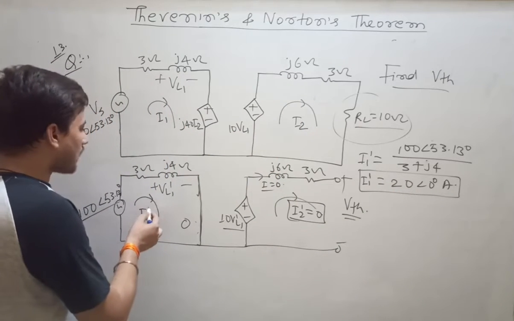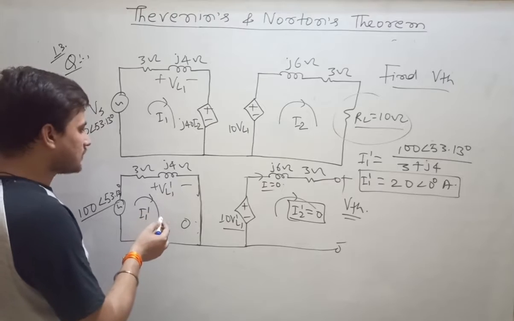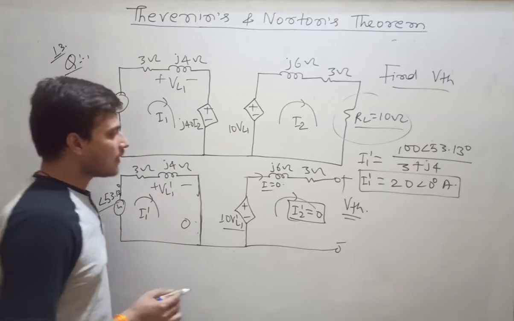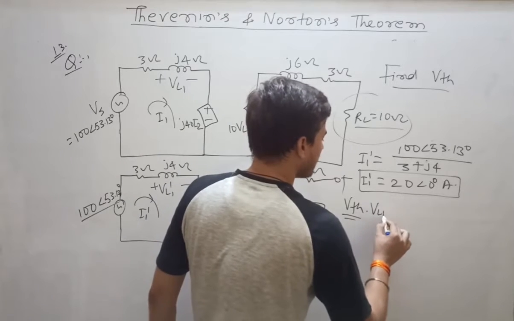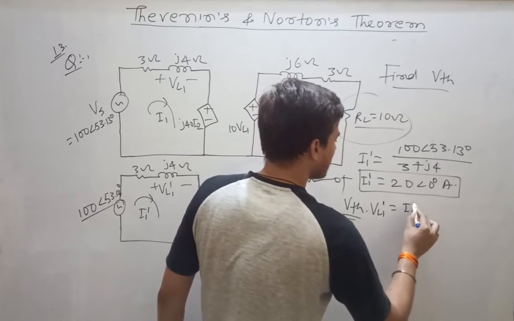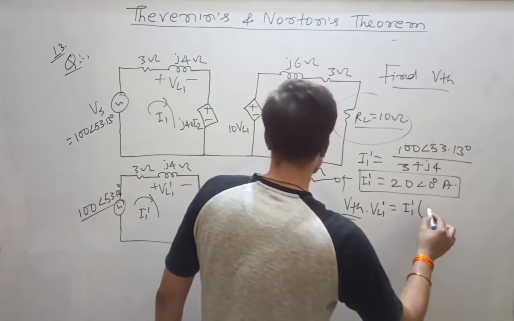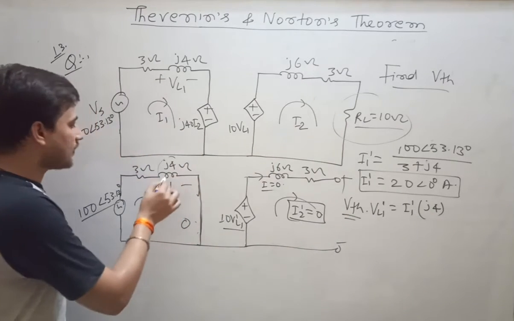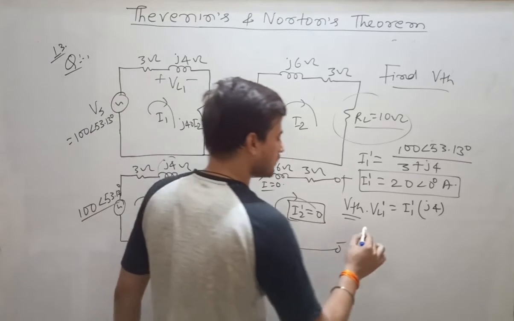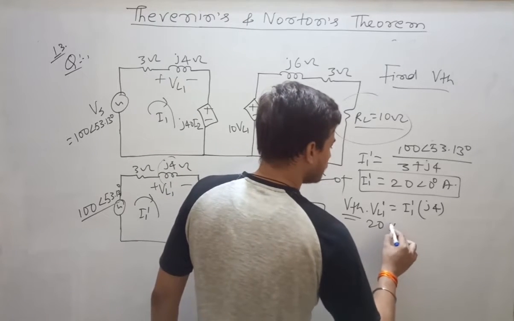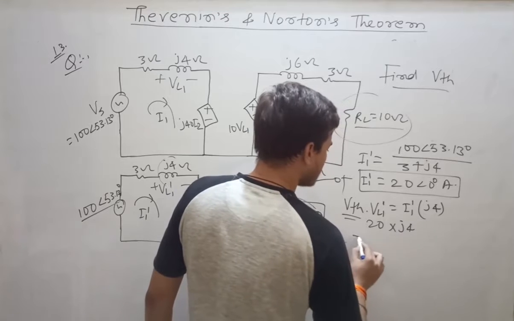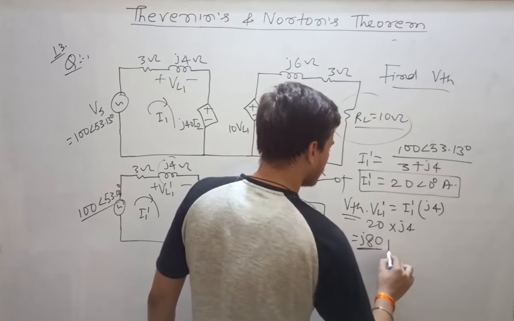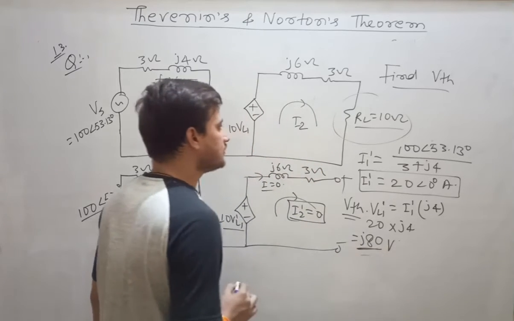Once you have I1 dash, you can write VL1 dash. VL1 dash will be equal to I1 dash into j4, the voltage drop being reactance into current. So here it is 20 into j4, that means it is equal to j80 volt.